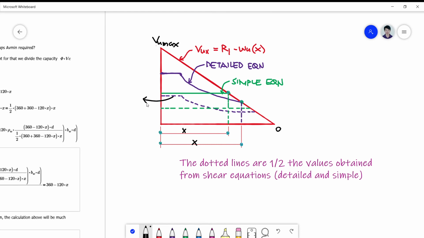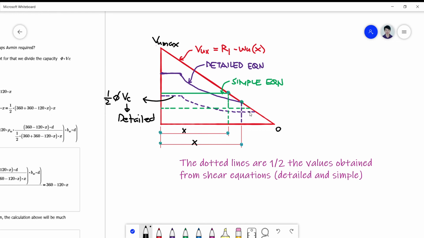So this equation here is simply one half of phi VC, where VC is the detailed equation. So instead of having a full value of the capacity, we get 1/2.